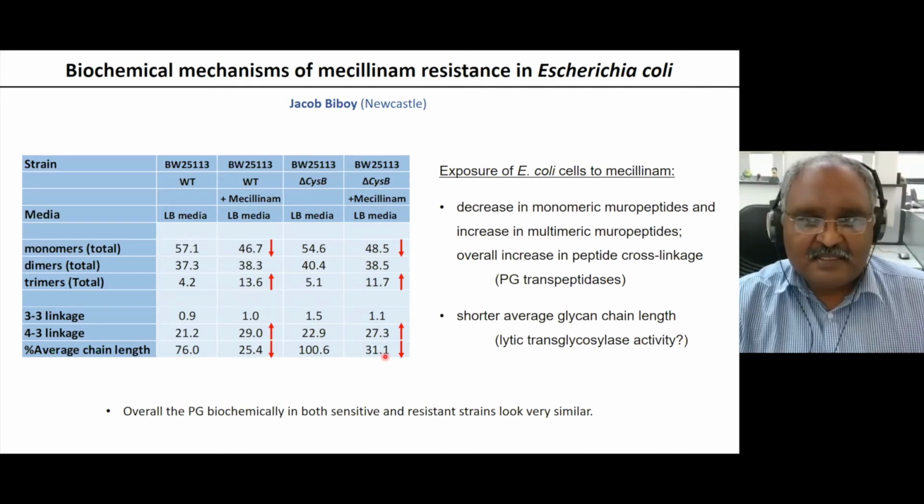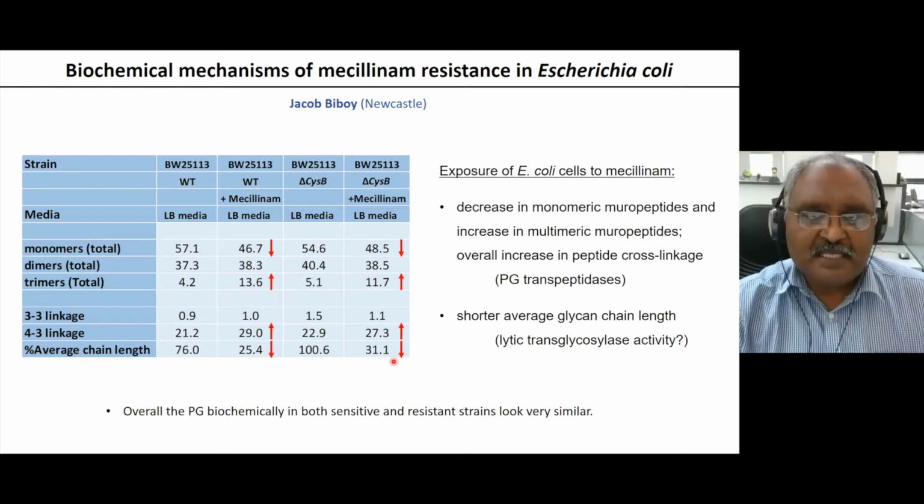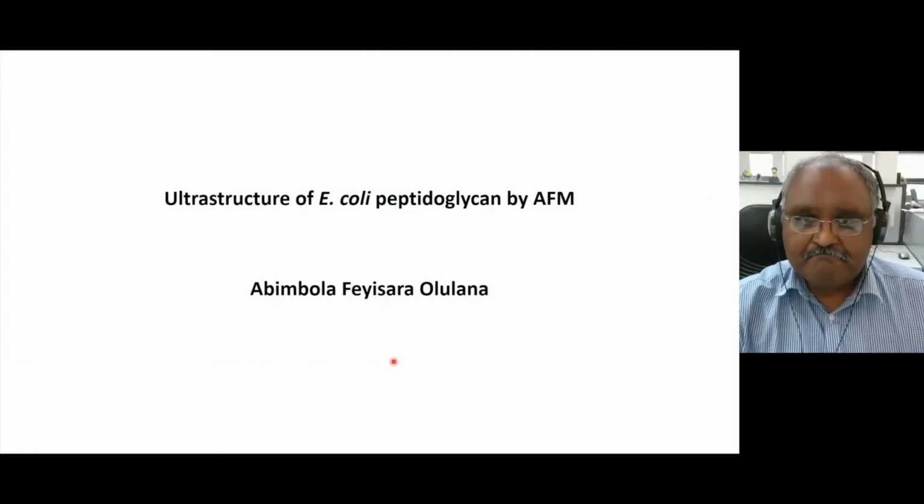Other than this, there is no difference between the sensitive and the mecillinam-resistant strain. With that, we thought we would understand better if we could find any information using AFM to know if there's any difference between a sensitive and a resistant strain. So I will hand over to Abby, who will talk about the AFM part of the work.